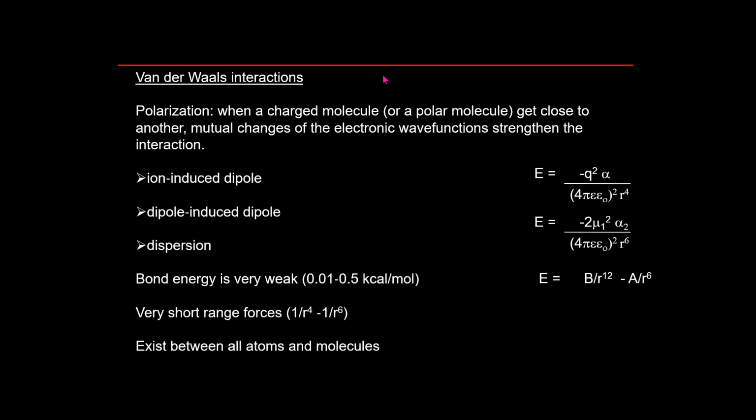Van der Waals interaction. Okay, Van der Waals interaction, you have terms like R power 6, R power 12 in the denominator. Okay, bond energy is very weak, very short range. And if the distance is more, because it is in the denominator, the energy numbers go down very much actually. Whereas van der Waals, all atoms and molecules will have this van der Waals interaction, but they have to be very close to each other, and the energy is very weak actually, as you can see here, 0.5 kilocalories.